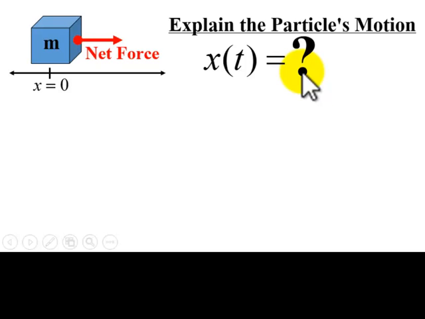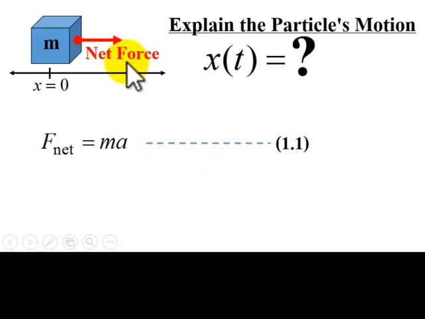To compute the function x of t, first we need to know the net force acting on the particle, combined with Newton's second law of motion, which is one of the main equations of classical mechanics. We can write F net is equal to ma.